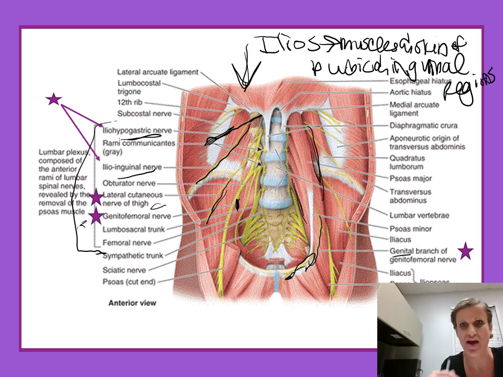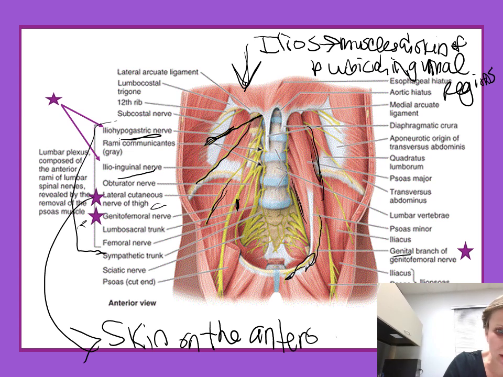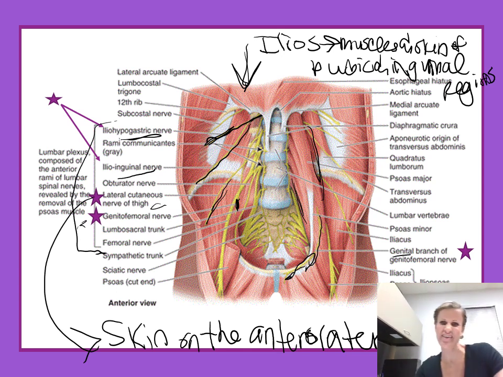It crosses through just behind the inguinal ligament, that large ligament that stretches across the inguinal region. So the lateral cutaneous nerve of the thigh passes just posterior to that inguinal ligament, and it supplies the skin on the anterolateral aspect of the thigh. It's like the front and side of the thigh.